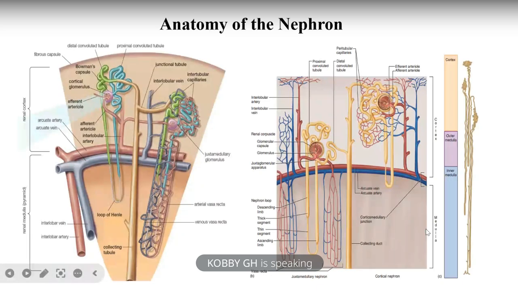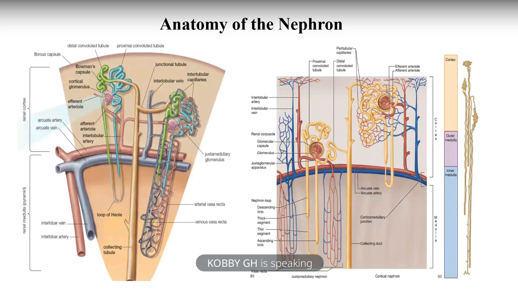But for juxtamedullary nephrons, the very long loop of Henle extends into the medullary region of the kidney. That is one. So the characteristics of juxtamedullary nephrons: one, their renal corpuscles are closer to the medullary region of the kidney. Two, their glomerulus is closer to the medullary region of the kidney.